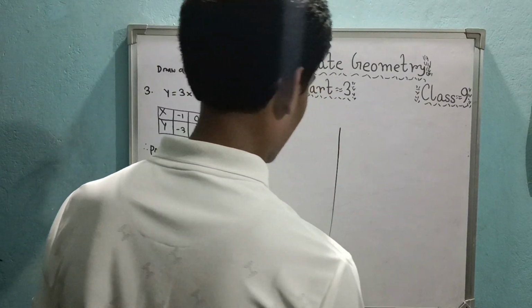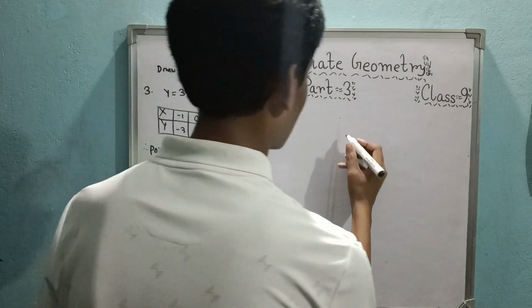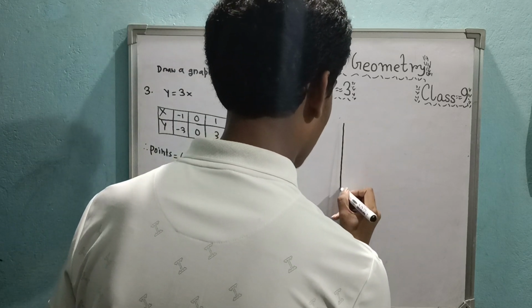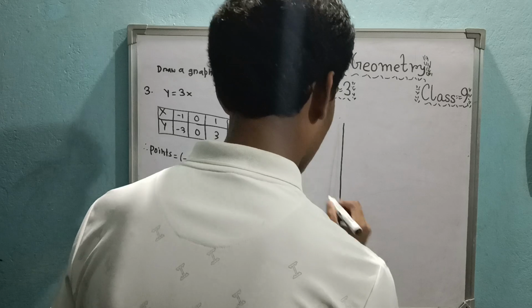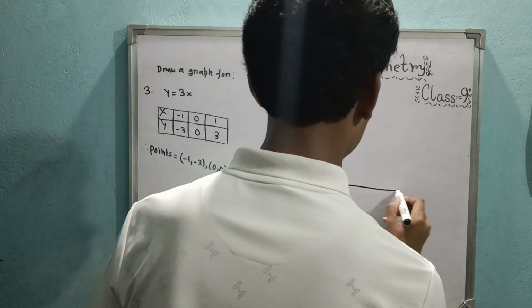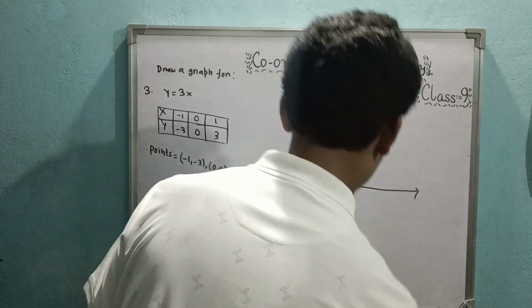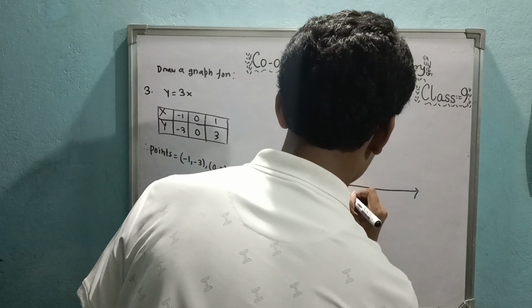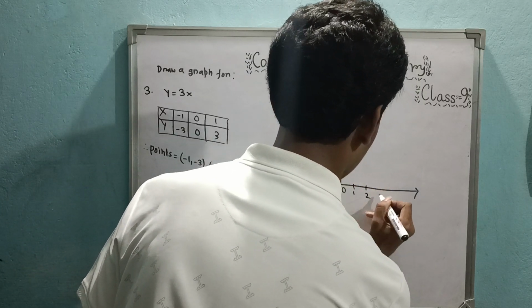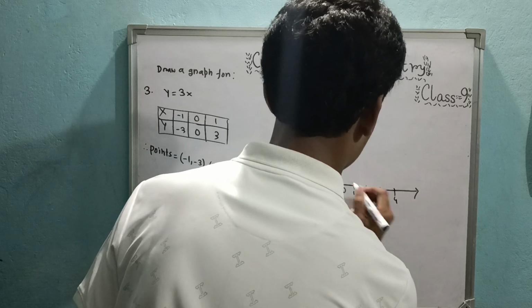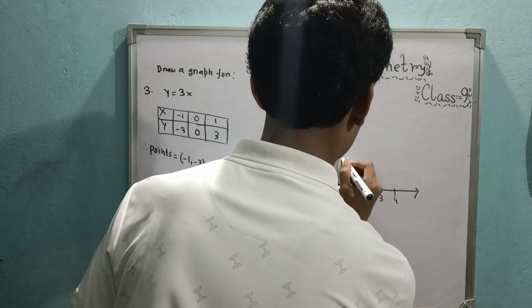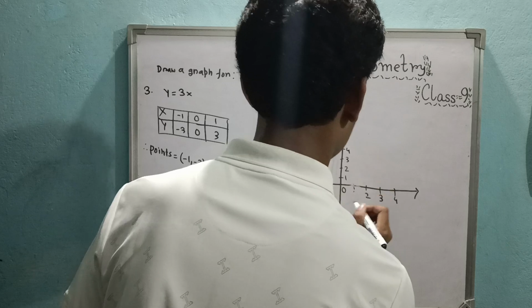So plot the graph. What a very nice line I have drawn. I'm going to draw a small and cute graph. What is cute in graphs, you might be saying. Origin here. 1, 2, 3, 4. 1, 2, 3, 4.